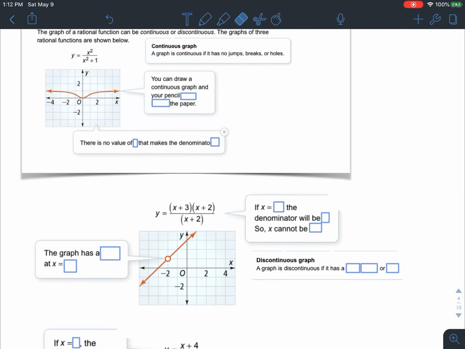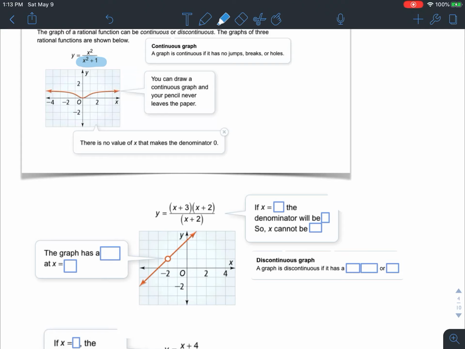If you can draw a graph and your pencil never leaves the paper, it's continuous. But if you have to pick up your pencil, it's not continuous. And for this particular function, there's no value of x that makes the denominator be 0, and that's why it's continuous.